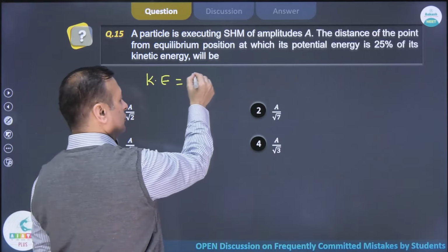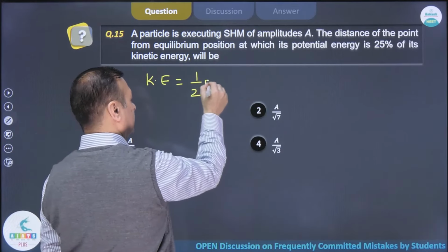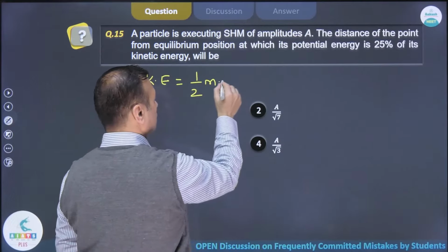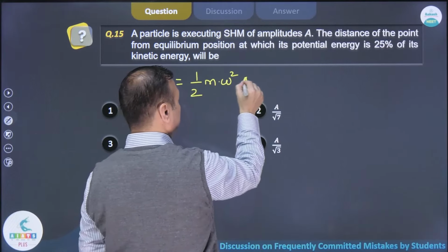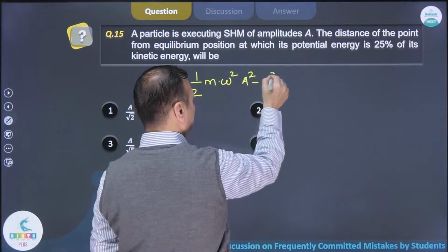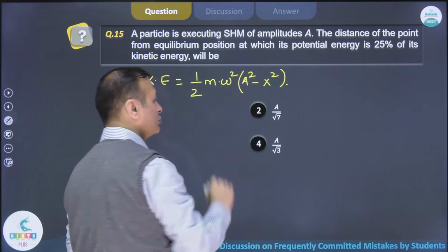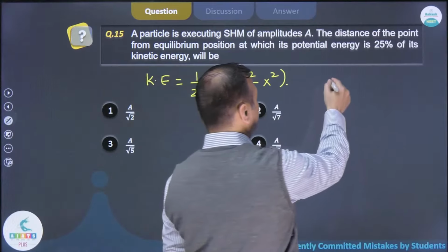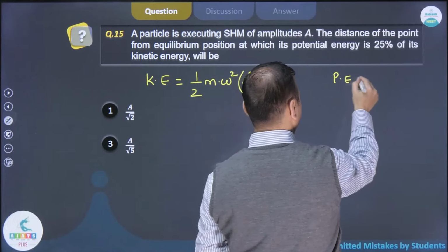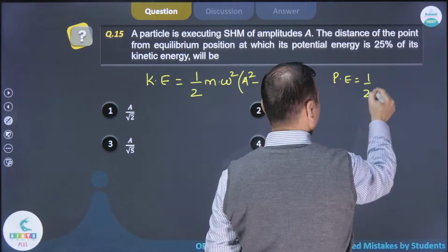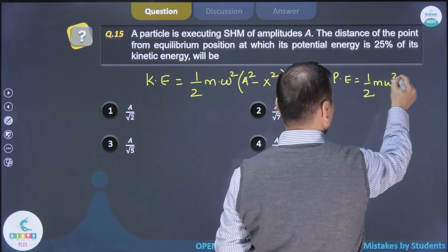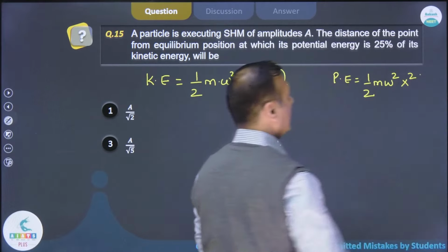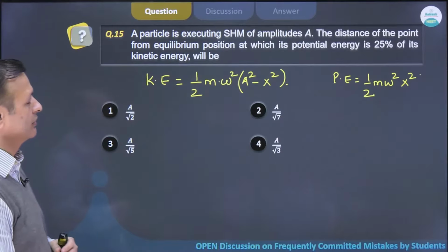If you know all the formulas, v square is omega square times (a square minus x square), so this is the kinetic energy, and potential energy is half m omega square x square.